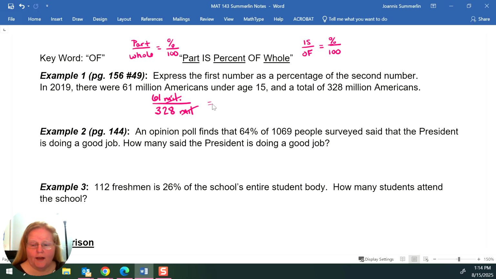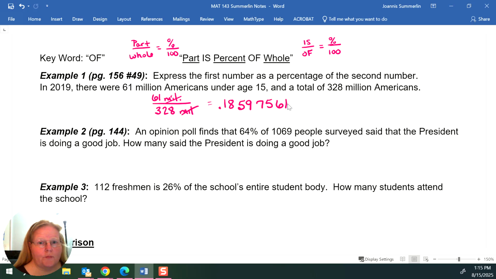So I can just go ahead and do my little equal sign and get that 61 divided by 328 is 0.18597561. Is that a percentage?